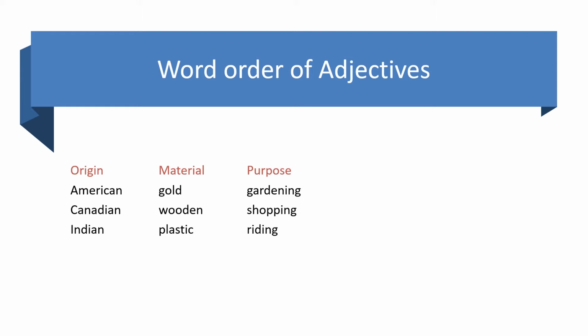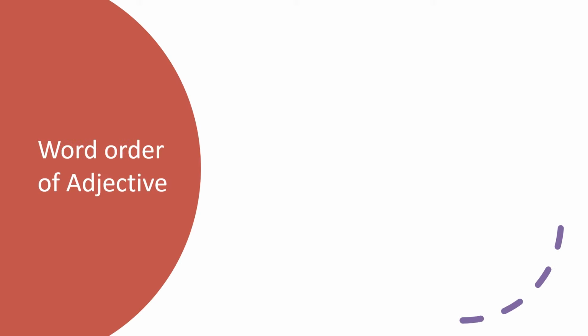Indian is origin, plastic is material, riding is a purpose. Japanese origin, cotton is a material and bathing is a purpose. So you will be following this word order in order to form sentences. Let's move on to the examples.